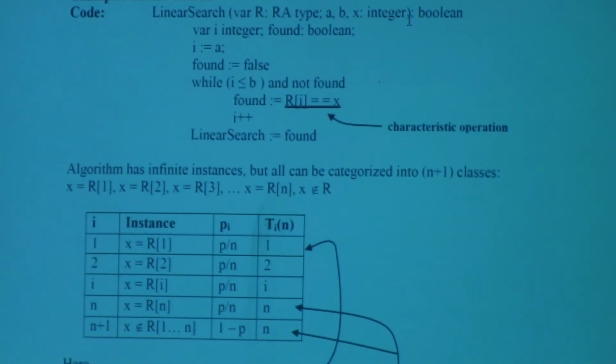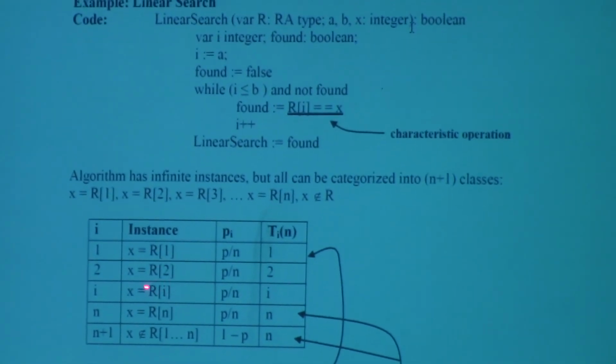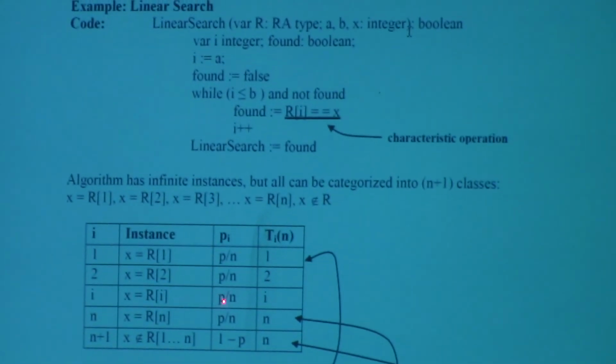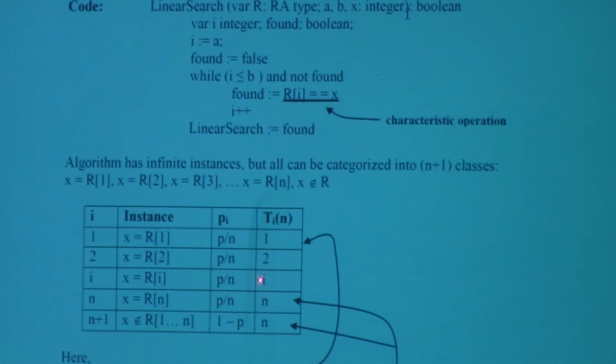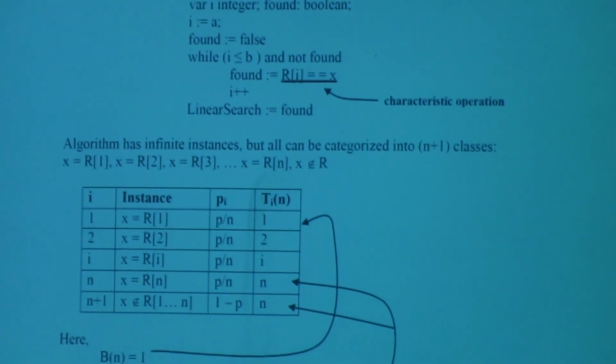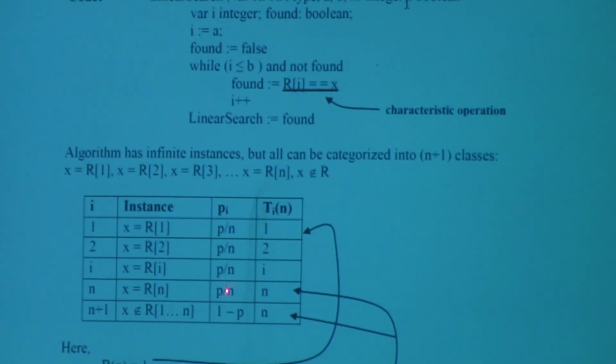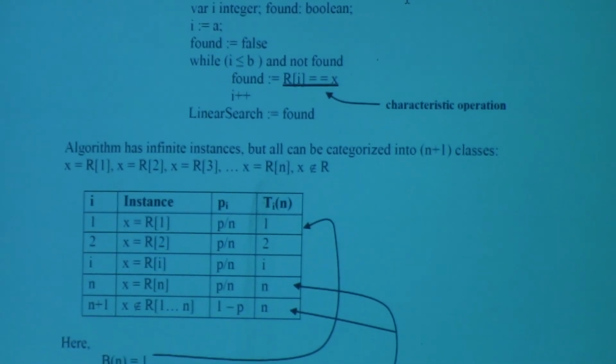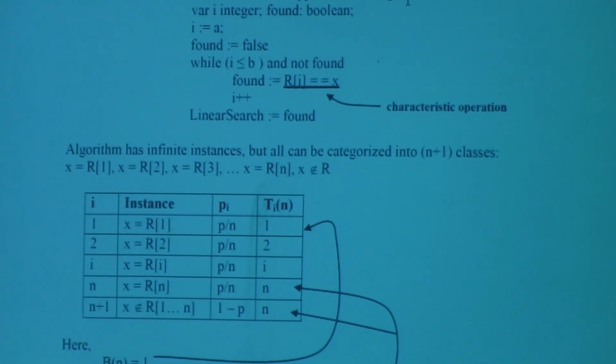So if I match it on the ith element, my probability is still the same, because it's equally likely everywhere, and the amount of work I do is i. So I go from 1 to i. If I match it on the last one, my probability is still the same, and I do n comparisons: I mismatch n minus 1 times and match on the last one.